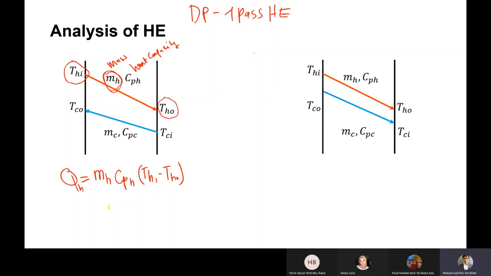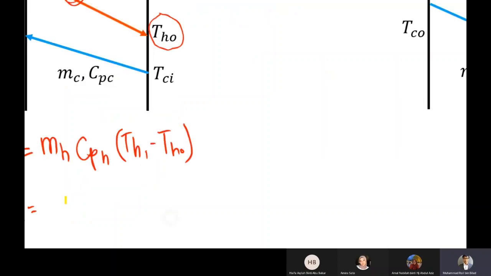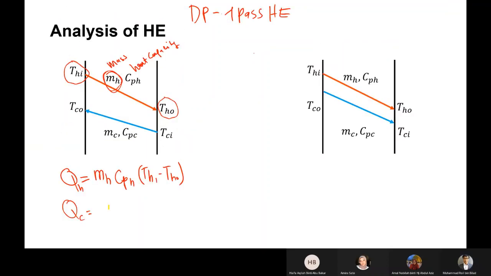Then I can also say that there is a Q cold. Q cold is equal to mass of the cold times Cp of the cold times T cold out minus T cold in. Okay, so this is a counterflow heat exchanger.